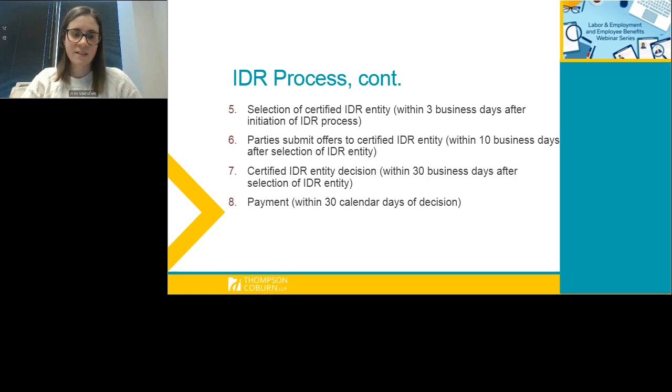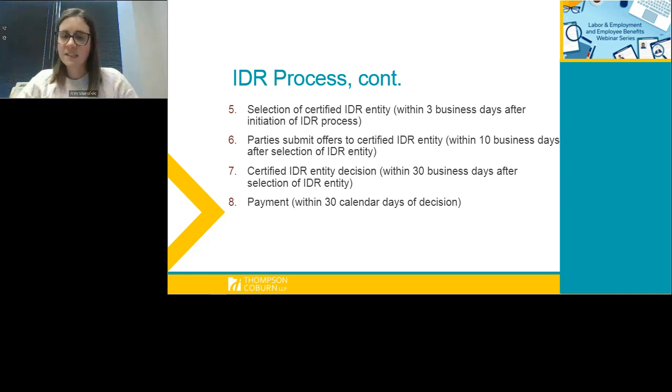Moving on. So our next step for the internal dispute resolution process is to select the certified IDR entity. This must be done within 3 business days after the initiation of the IDR process. If the plan and the provider cannot come to an agreement on the IDR entity, the IRS, DOL, and HHS will make a decision for you.